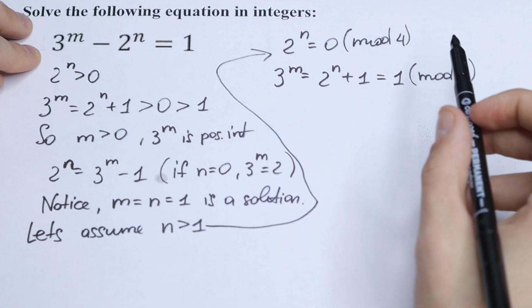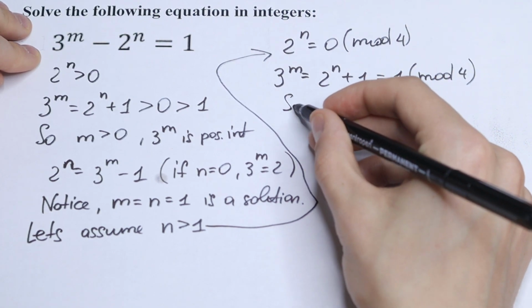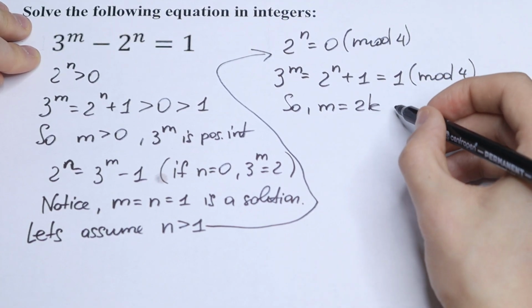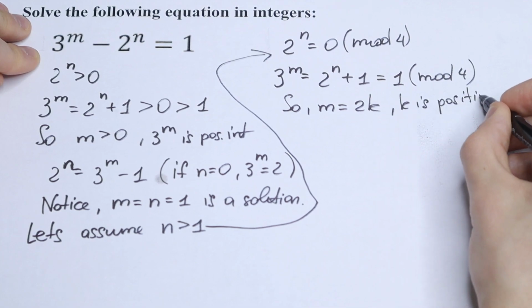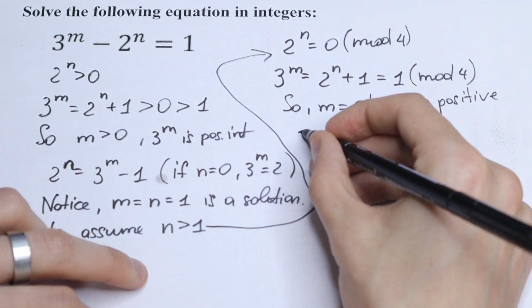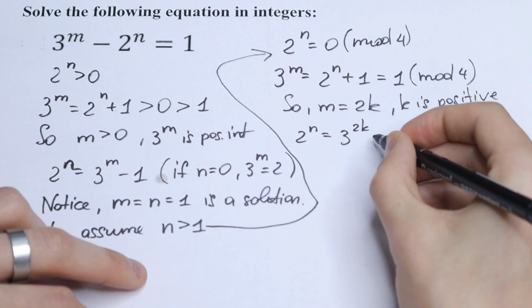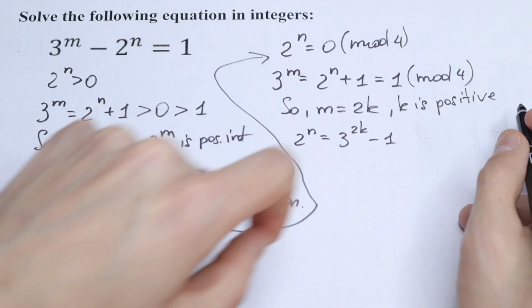So from here, m is equal to 2k, where k is a positive integer. So take a look what we will have. Now we will have 2 to the power n equal to 3 to the power 2k minus 1. And it's a really good case because we will have a square minus b square.